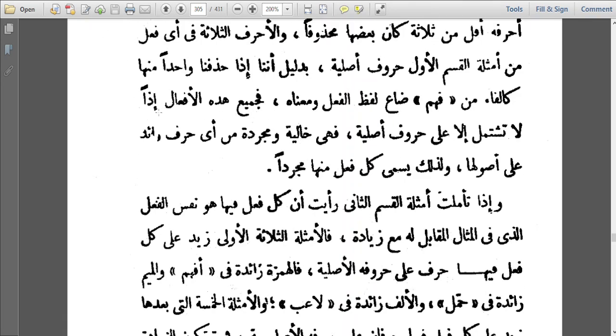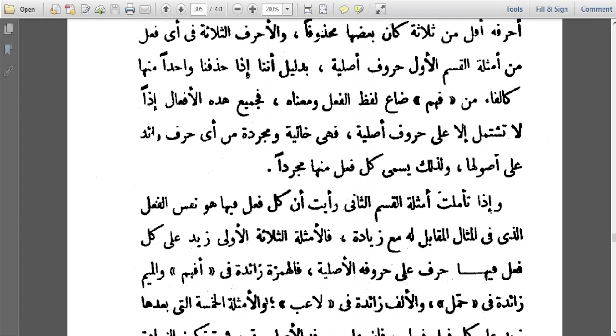It says فجميع هذه الأفعال إذن لا تشتمل إلا على حروف أصلية. So all those verbs in category A, the three-lettered verbs that we are seeing, only contain root letters. It says فهي خالية ومجردة من أي حرف زائد على أصولها.